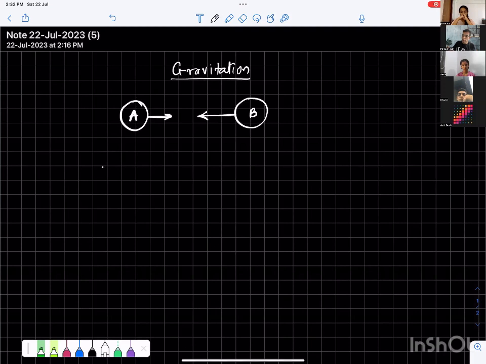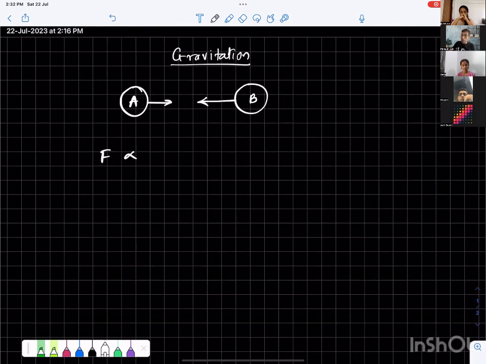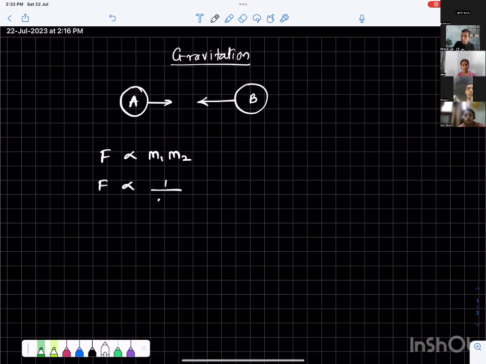Now, this force of attraction, guys, is directly proportional to the product of their masses. So M1, M2. What are M1, M2? Masses of A and B. And this force is also inversely proportional to the square of the distance of separation. What do you mean by distance of separation?